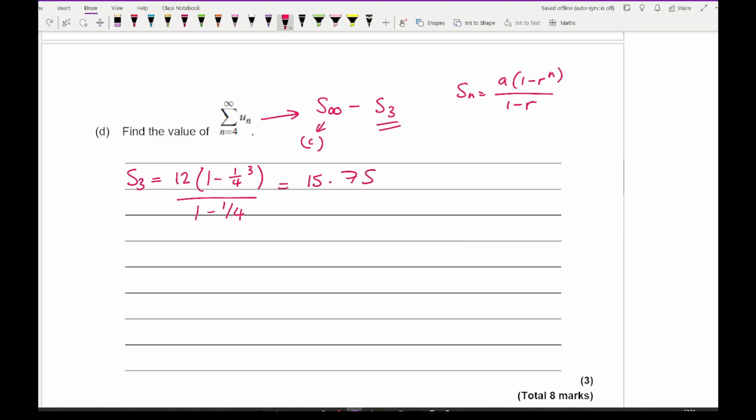So then to work out the sum, where the first term is the 4th term and sigma, and I've got un, which is 12 times a quarter to the power of n minus 1, is going to equal the answer in part C, which was 16, minus 15.75, which leaves me with a final answer of 0.25.